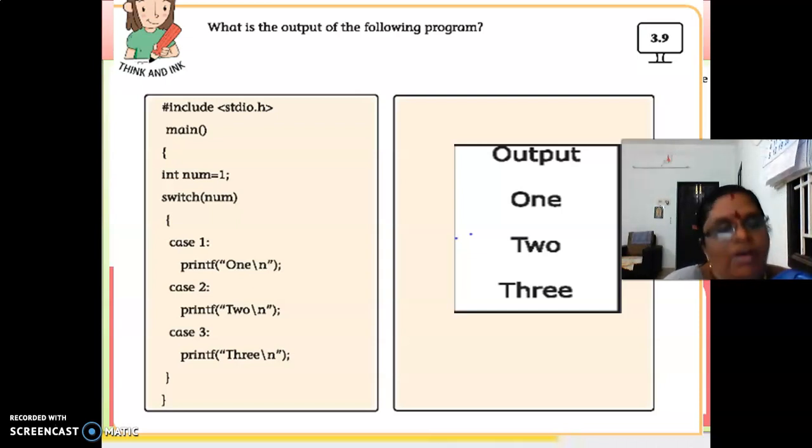For coming out of the switch case statement, we use break, right? So if the break is not there, it is not a correct program, because all the cases are executed in this program.